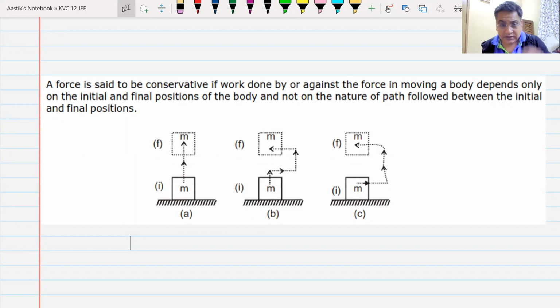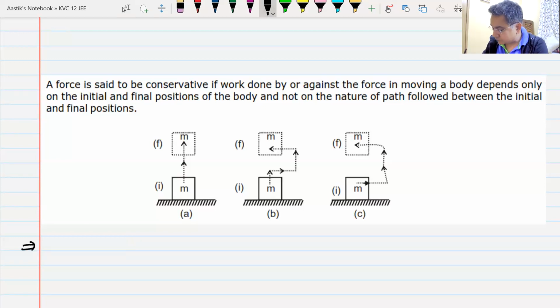The work done by gravitational force in moving a mass is independent of path. The work done by electrostatic force in moving a charge is independent of path. That is what you will write in your own language. That is what we call conservative forces.